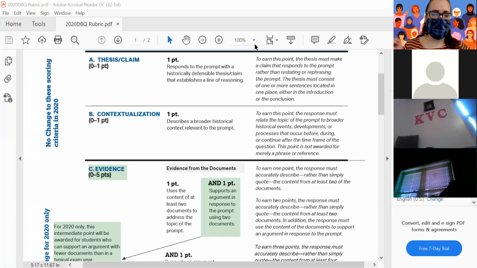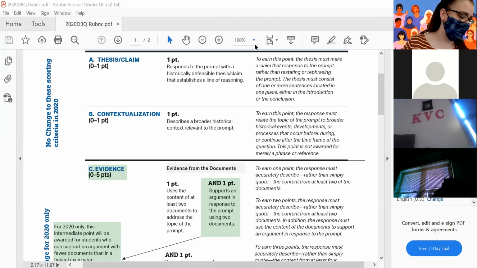And this point is not merely awarded for a phrase or reference. So what that's telling me is I've been focusing on only doing stuff before, and that's good, but I could write about something that's happening during as long as it tells me about what's going on within the prompt. That's really good. I'm glad I revisited my contextualization aspect of the rubric.